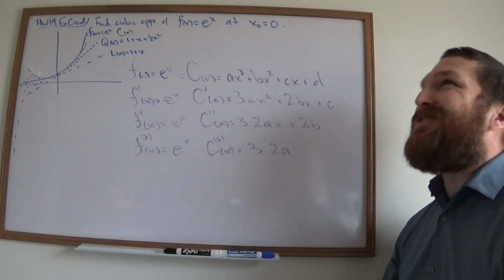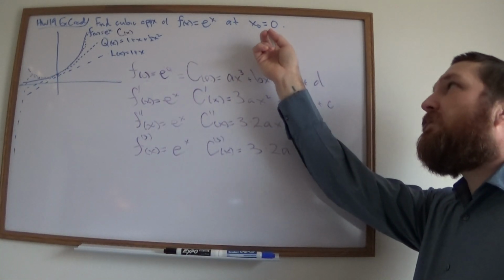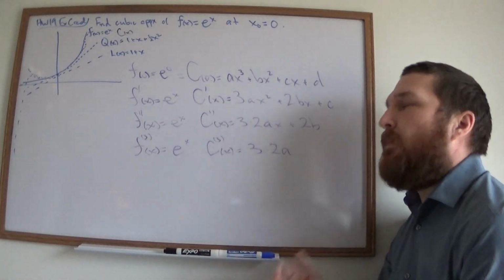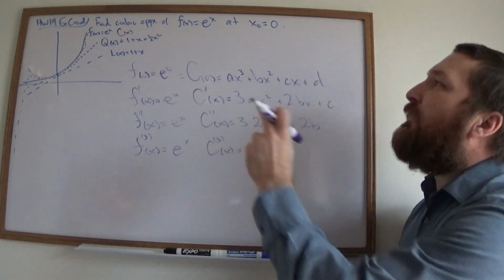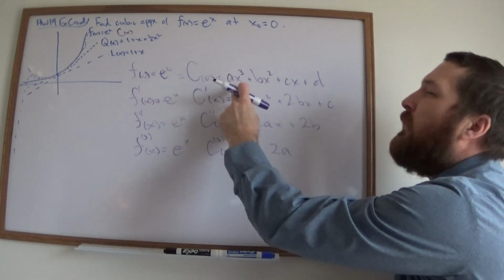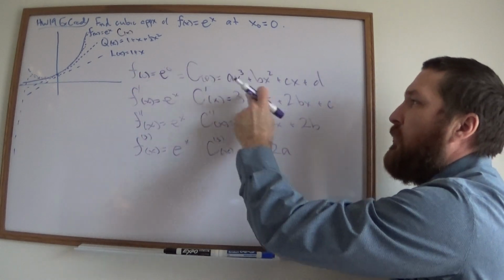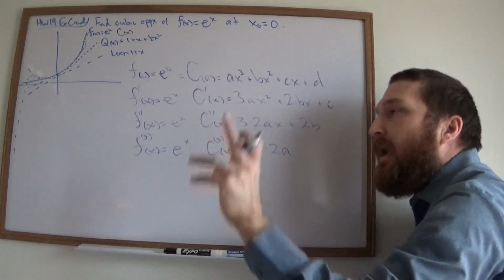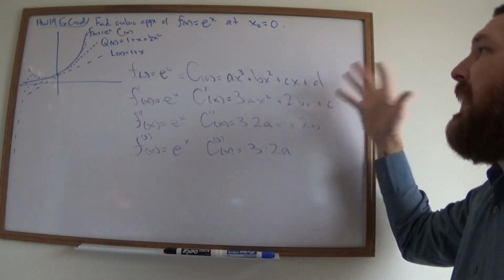One of these ways is super easy, unless it happens to be at x0 equals 0, in which case the two different methods are exactly the same. So if it were x0 equals 1, we would have jumped to the chase and said x minus 1 cubed, x minus 1 squared, x minus 1 right there. That way, when we plug in a 1, everybody disappears except for that one guy, right?